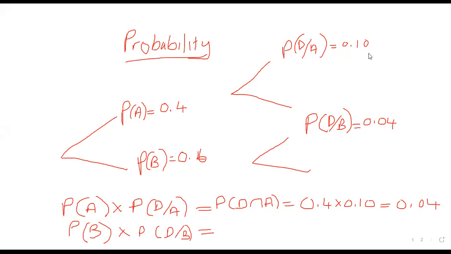So it's 0.6 times 0.4. It will be the intersection of D and B. D intersection B. What do we get? 0.6 times 0.4. What do we get? 0.24.